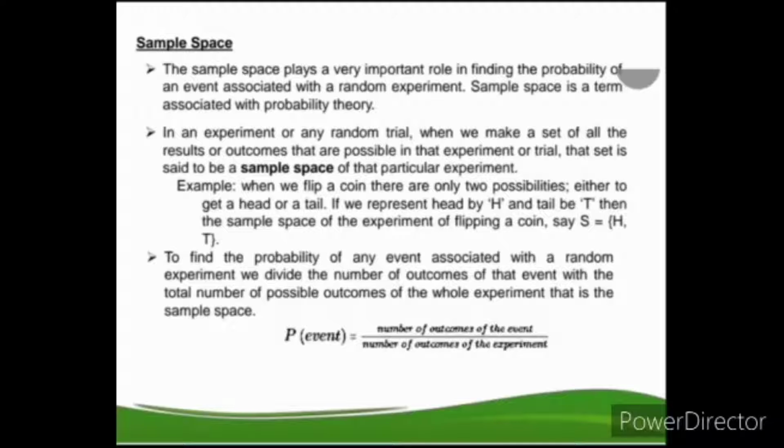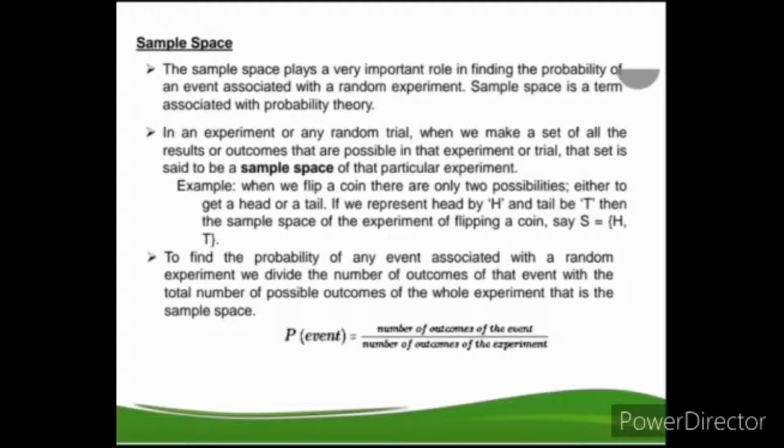Example, when we flip a coin, there are only two possibilities, either to get the head or a tail. If we represent head by H and tail by T, then the sample space of the experiment of flipping a coin is S is equal to H and T.